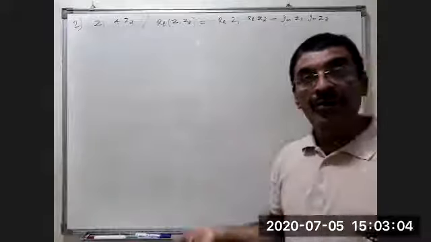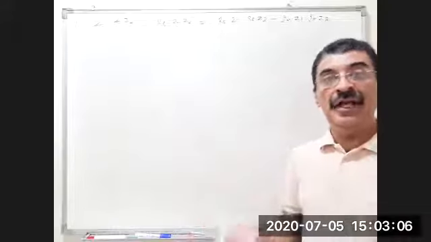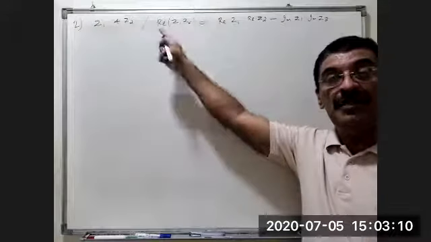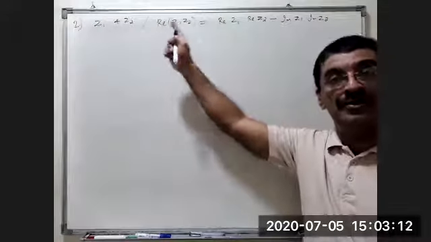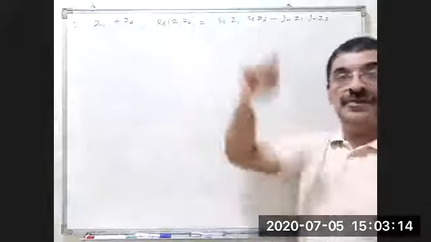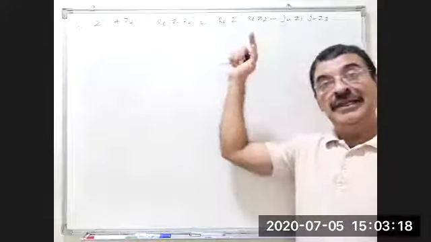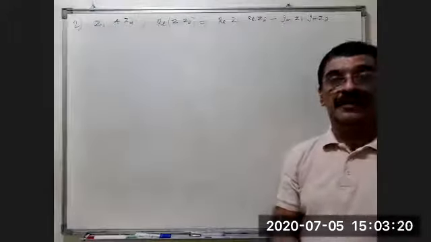So the same question can be asked in a different way. Prove that the real part of the product of two complex numbers is equal to the product of their real parts minus the product of their imaginary parts.